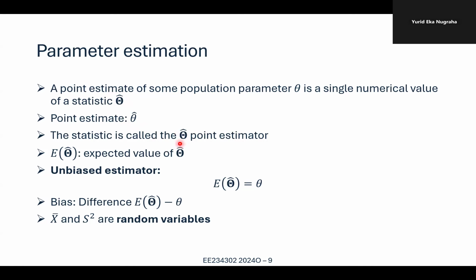So maybe I should change the slide a little bit. Let me do that. Okay. The statistic capital theta hat is called the point estimator, and the expected value of capital theta hat is E of capital theta hat.